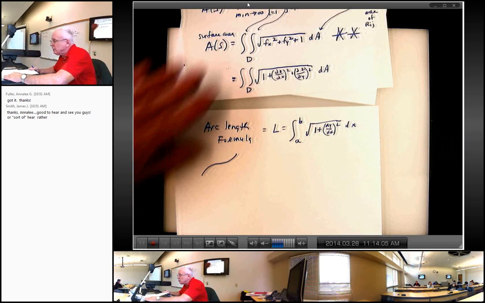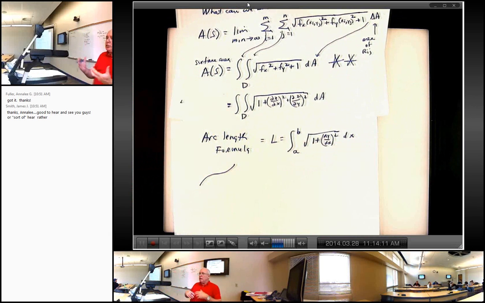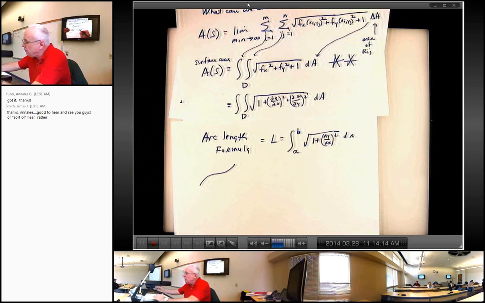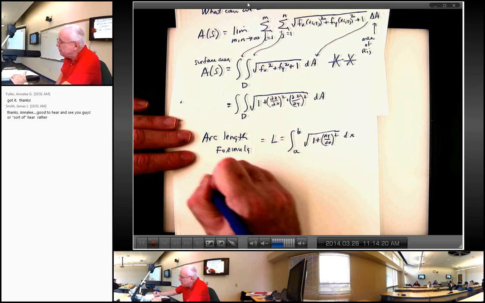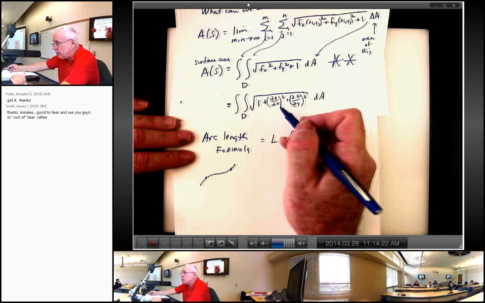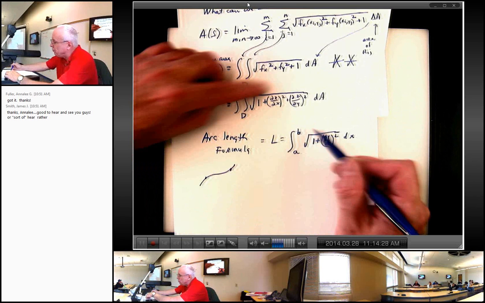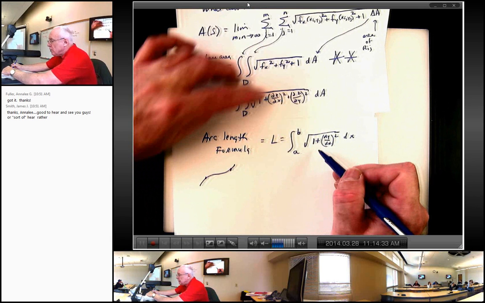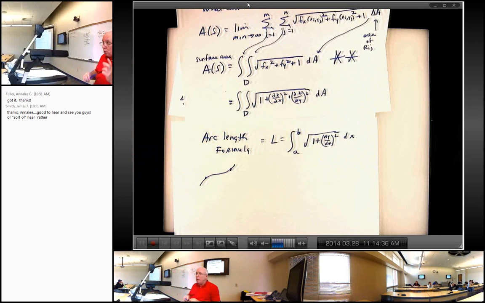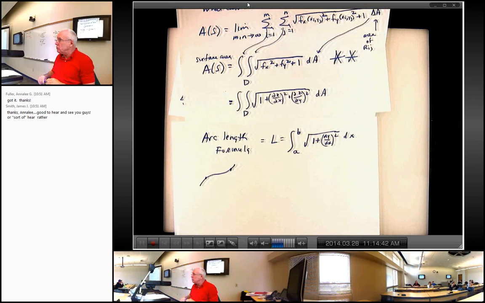So this surface area formula is really an extension into another dimension of the arc length formula. This is the length of a curve; this is the surface area of part of a surface. We have the square root and the 1 in both formulas, but in the surface area we have the squares of both partial derivatives, while in the arc length we just have the single derivative squared.